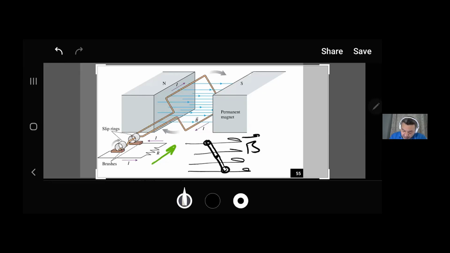However, it is rotating around this axis with the omega this way. So it is rotating such that the area is increasing. It is rotating such that the flux is increasing in this direction, or the magnetic field is increasing for that area because the area is increasing in this direction.